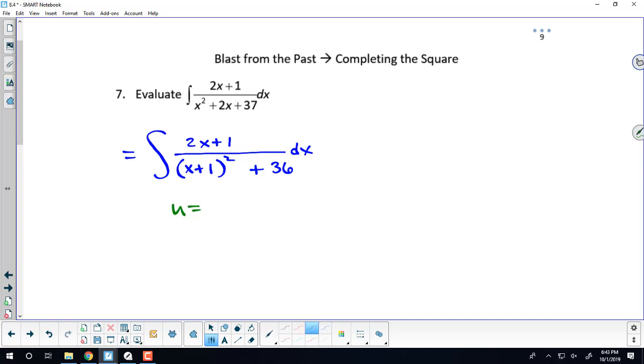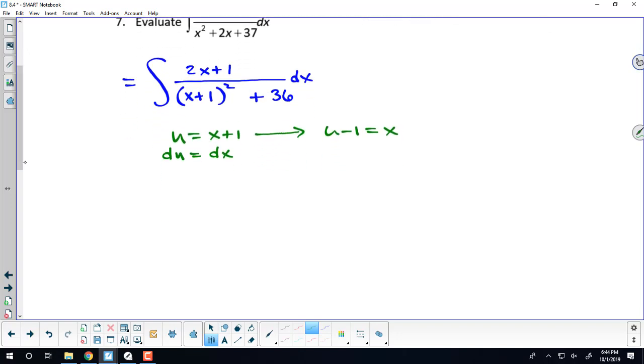We said, okay, we're going to let u equal that quantity squared. Then du was dx. And then we said, well, if u is x plus 1, then u minus 1 is x. Top became 2u minus 1.